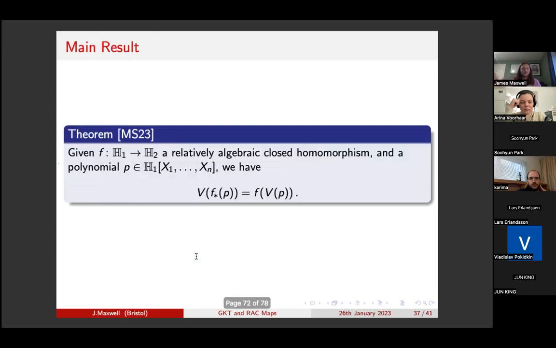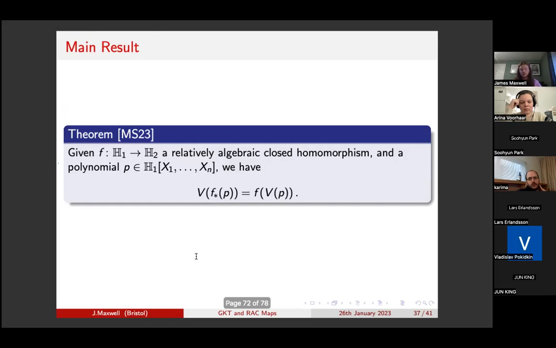And then what we are doing as well is taking a RAC map from H1 to H2 in general, not from H to T, and proving a slightly more general Kapranov's theorem stating that if you take the variety of the push forward of the polynomial, then this is the push forward of the variety.